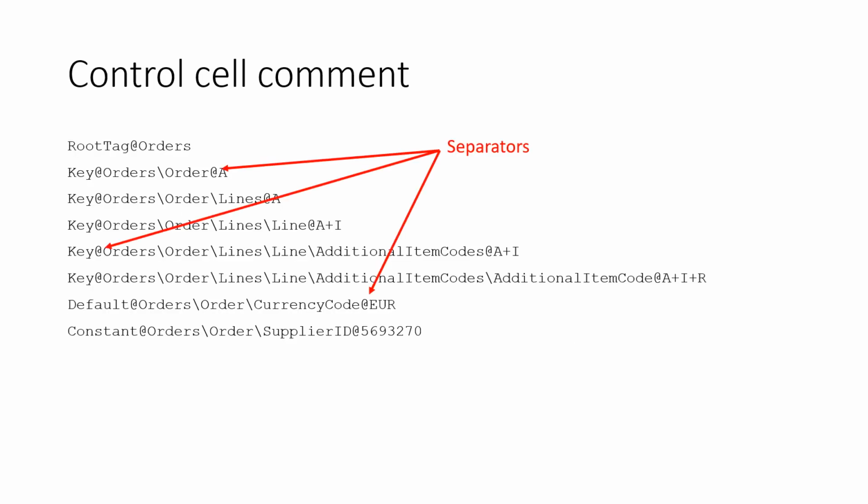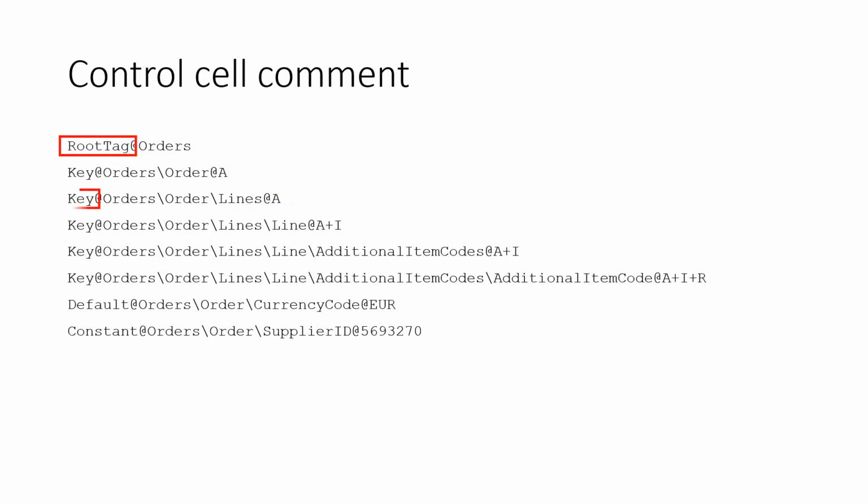Each line in the comment contains up to 3 fields separated by an @ character. The first field is always the record type. The other 2 fields provide additional information. The possible record types are root tag, key, constant, and default. Root tag specifies the name of the root tag to be used in the XML file generated from the spreadsheet.